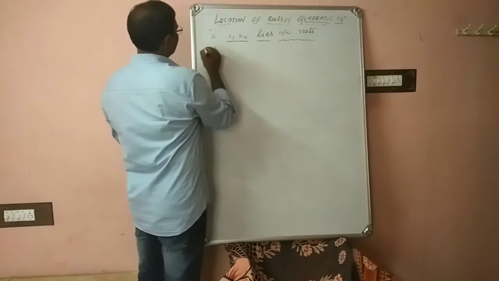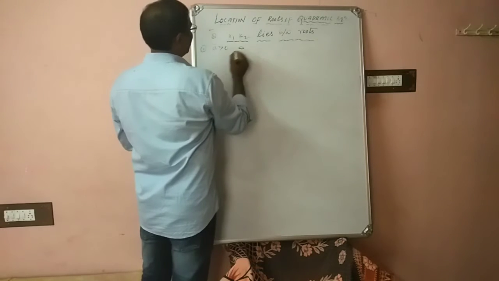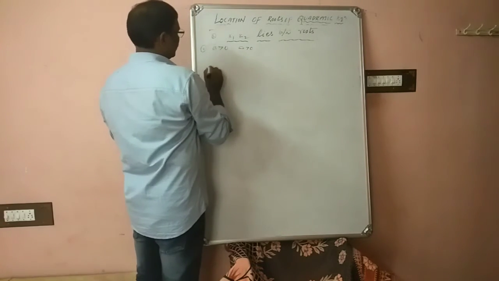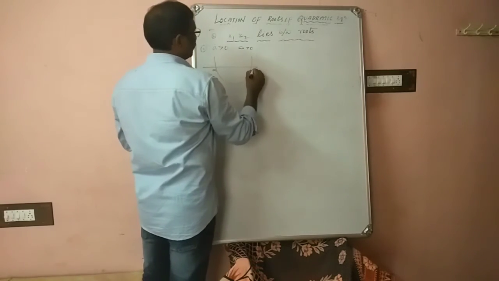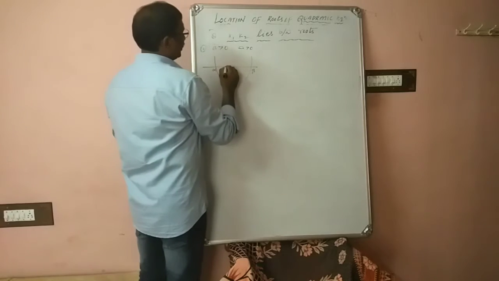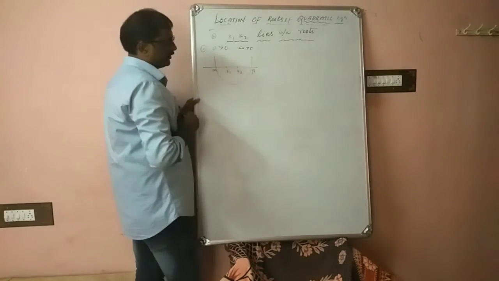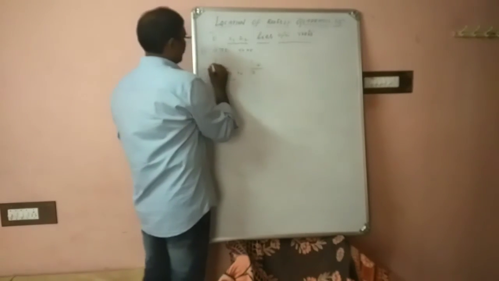Now the location of roots: k1 and k2 lie between the roots. First, in this case A is greater than 0 and delta is greater than 0. A greater than 0 means you will get an upward parabola that intersects at two distinct points. Now k1 and k2 lie between alpha and beta. In this case, my wavy curve method is positive, negative, positive.